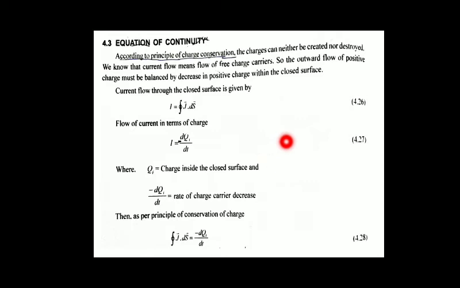As a principle of conservation of charge, if we add both equations the total is equal to 0, so finally the closed surface integration of the current density is equal to minus dQ by dt.